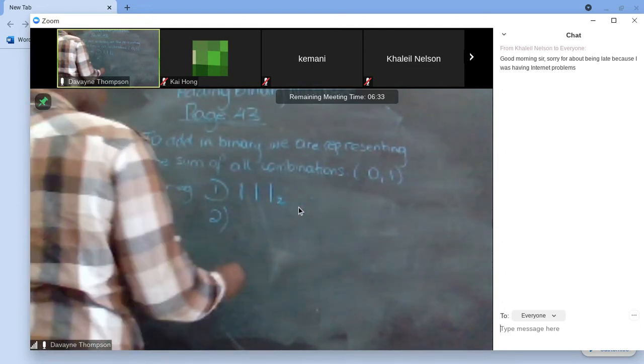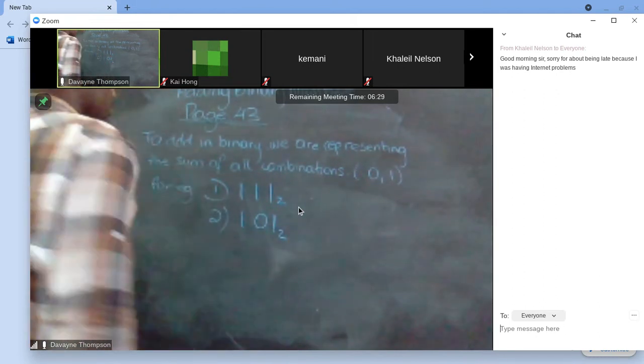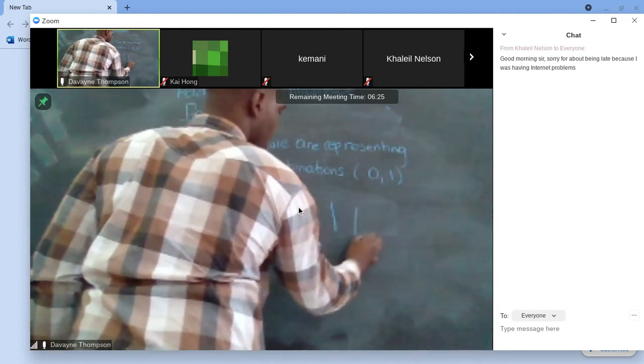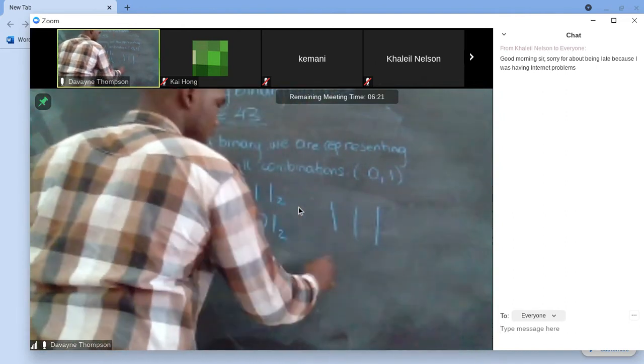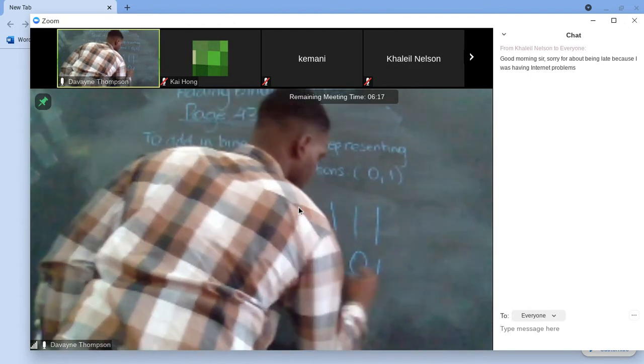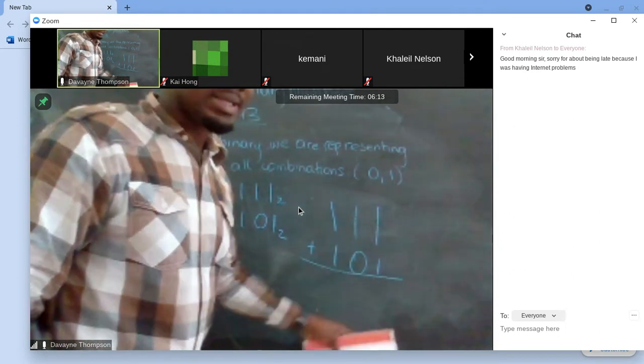And our second binary number is 1, 0, 1, base 2. I'm going to put the first value here, 1, 1, 1, and the second value below it, 1, 0, 1. Put the plus sign across. Let's begin to add. 1 plus 1 is 2.